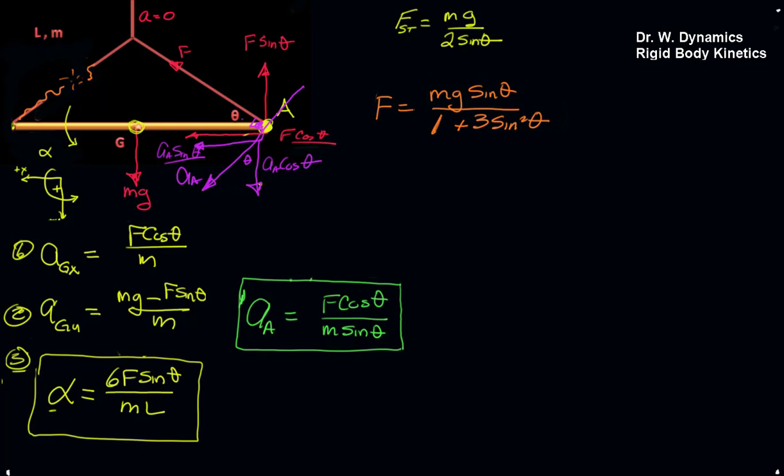And if we'd like to compare these two, this would be static, and this would be the case where there's one rope. Let's use a theta of 30 degrees, and sine of 30 will be a half. So our static will be mg over 2 times a half, which will be simply mg.